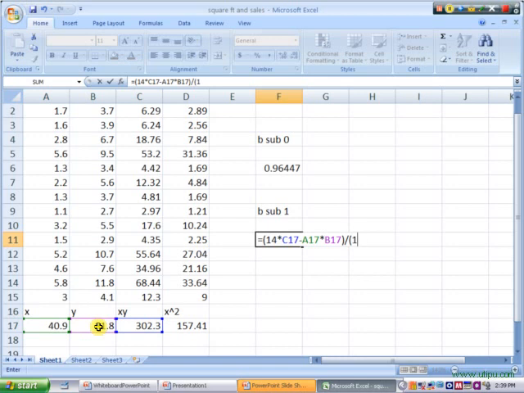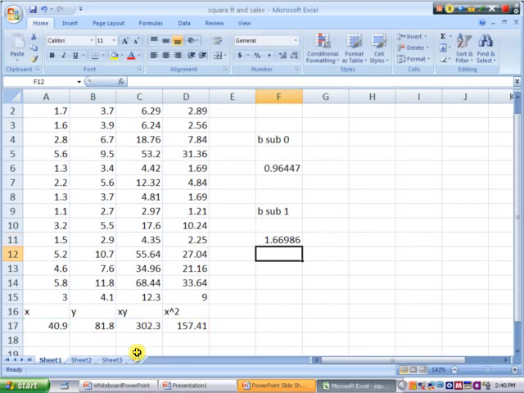So n is 14 multiplied by the sum of the x squared. So here's the x squared right here. And then it's minus the sum of the x's, which is this, squared. And close your parentheses. 1.67 roughly.